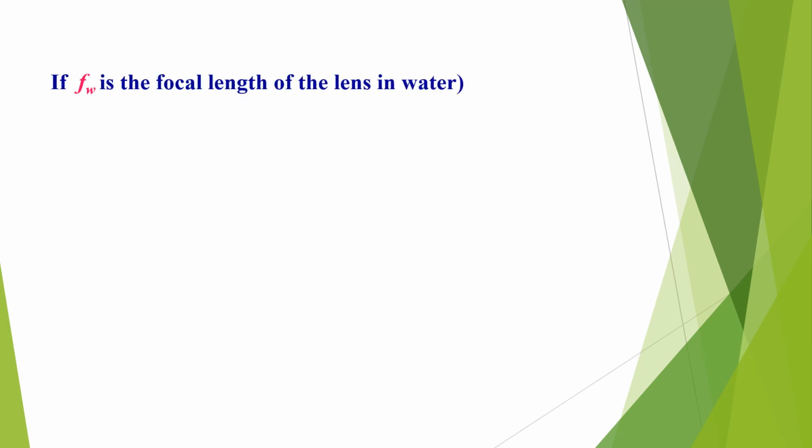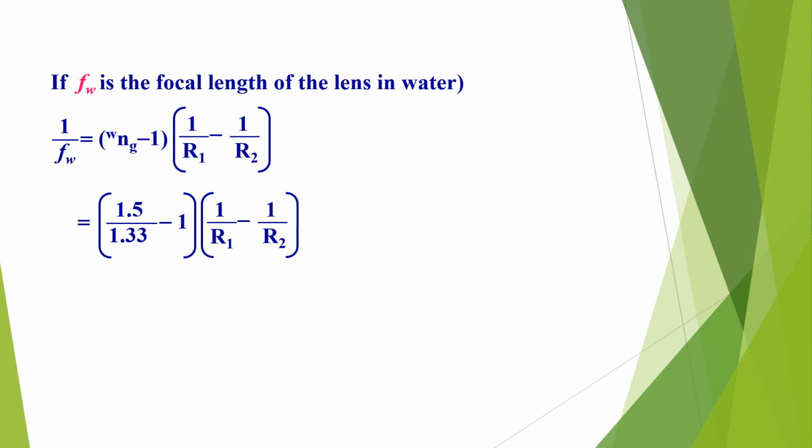If Fw is the focal length of the lens in water, then by using the lens maker's formula, 1 by the focal length of the lens in water is equal to the refractive index of glass with respect to water minus 1 multiplied by 1 by r1 minus 1 by r2.